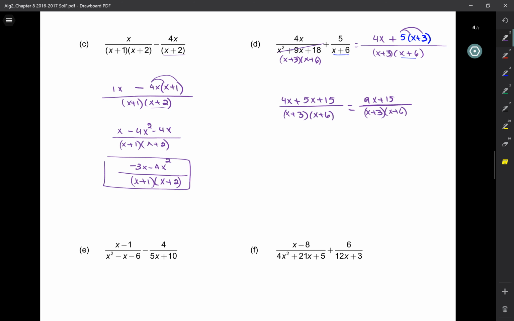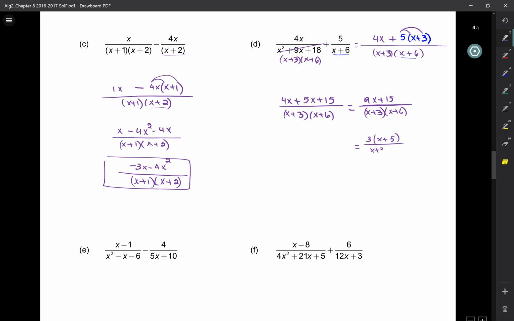Well, you can try it out, or if you mentally factor out a 3 here, you get 3x plus 5, which doesn't cancel. Okay? If, however, you left it like that, you're totally good. If you did it on the test, go ahead and factor out a 3, and let's say you messed up and did it wrong.